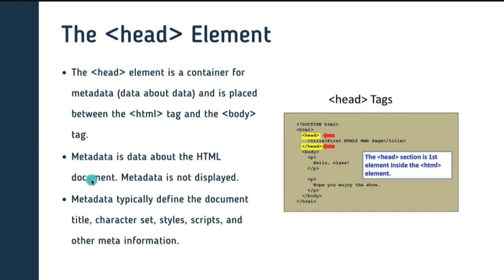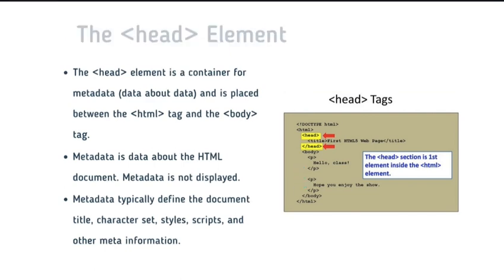It contains information such as title, character set, style, script, and other meta information. And let's take a look at this image. The first line of code, like I explained earlier, is the doctype html. Then we have the HTML tag, and in the HTML tag, we have the head tag and the body tag, and the body tag is what we'll be looking at next.